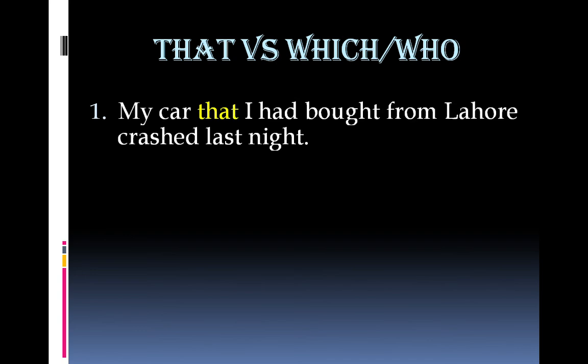My car that I had bought from Lahore crashed last night. Now this sentence suggests that I have at least 2 or more cars, and the one that I bought from Lahore crashed last night, because that is used for restrictive relative clauses where it's important to make it clear which thing or person is being talked about.